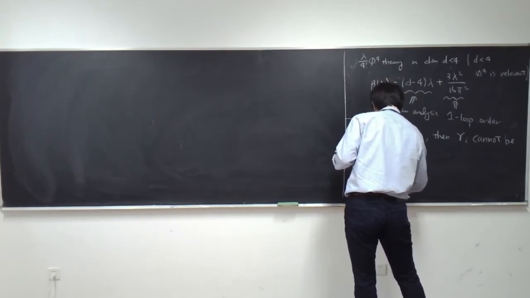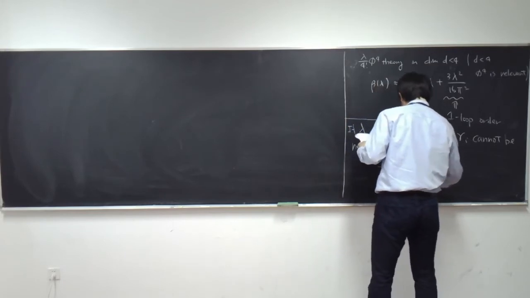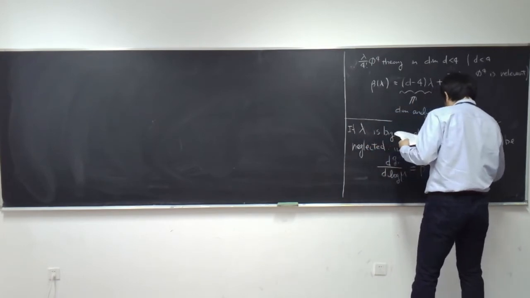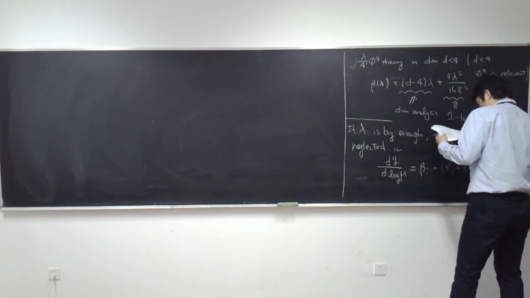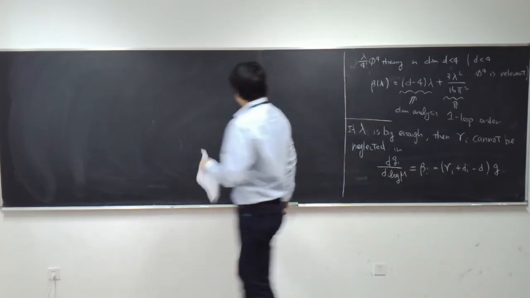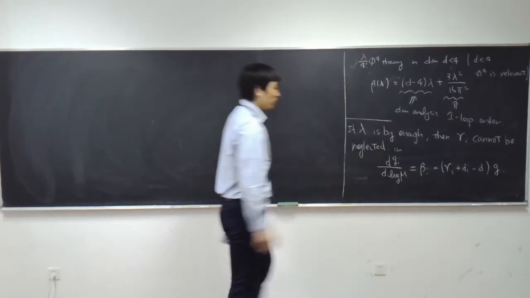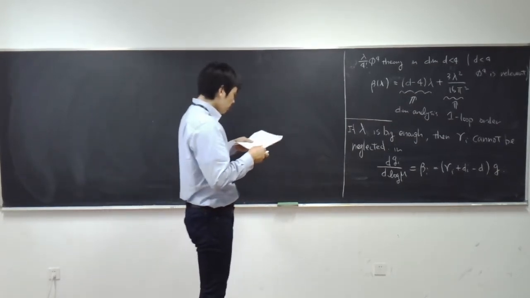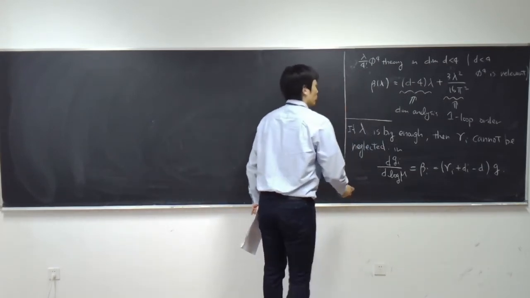dg_i over d log mu is equal to beta_i, which is equal to gamma_i plus d_i minus d times g. So this can change, and the perturbation theory is not applicable, so the dimensional analysis is no longer true.